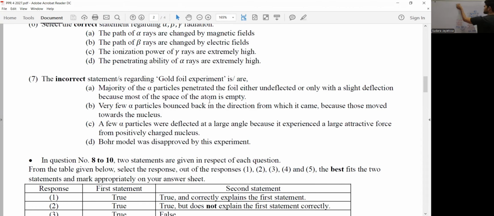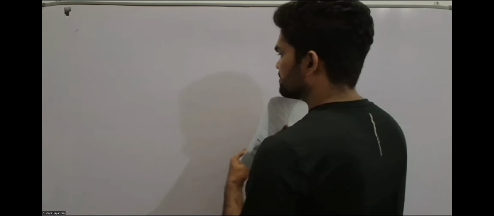So that is true. That's why the majority of alpha particles pass through the gold foil. You remember there were 3 observations in the gold foil experiment. The majority pass through the gold foil without any problem.